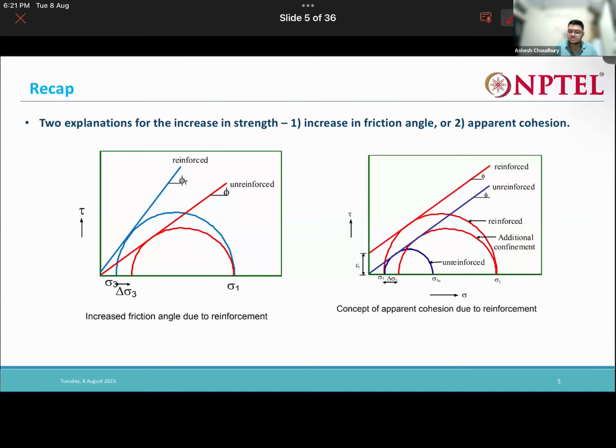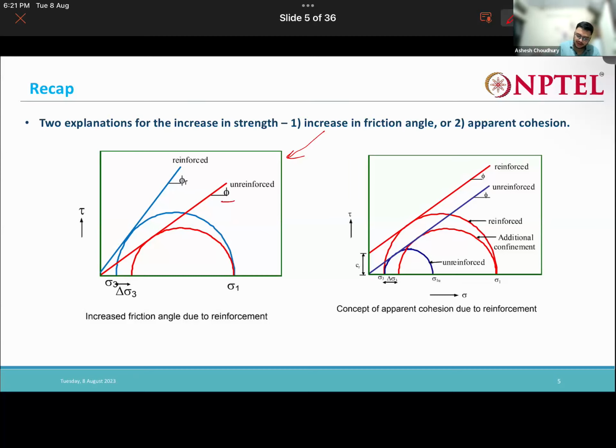So these are the test results shown here for, say, a granular soil. Okay, cohesionless sand. Obviously what will happen is that the strength of the soil is going to increase. This increase in strength of the soil can be explained in terms of the increase in friction angle.